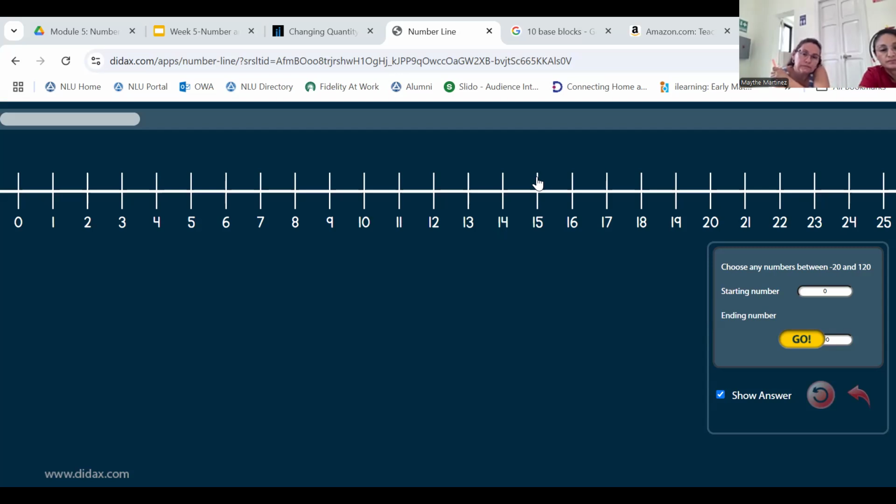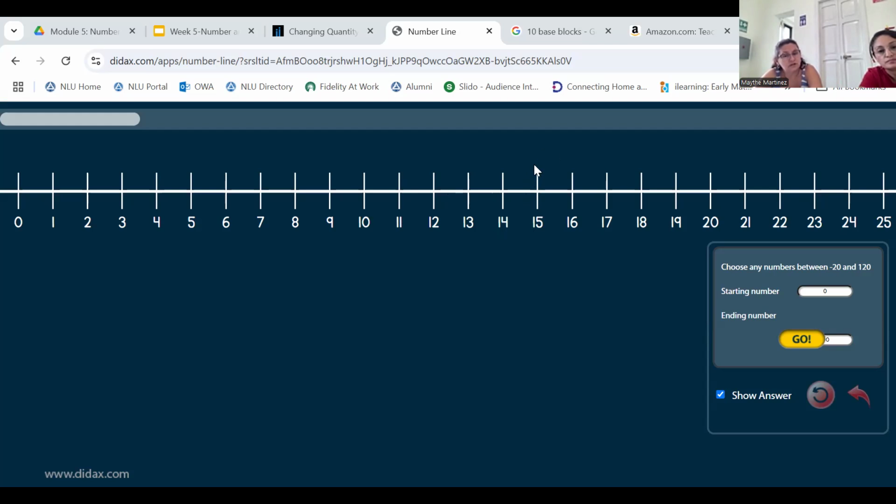So the number line in that sense is a better tool once they have fluency with the concrete materials, the base 10 blocks. Then they can make those jumps because they understand what the numbers look like, and they see how operations can be represented. This works with addition and with subtraction. So 15 minus 5, what is it?